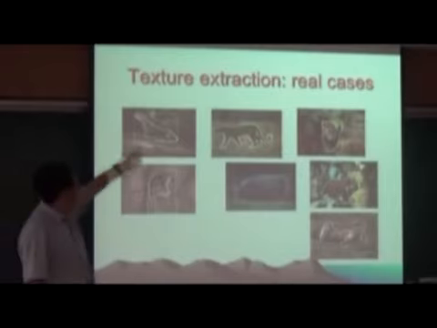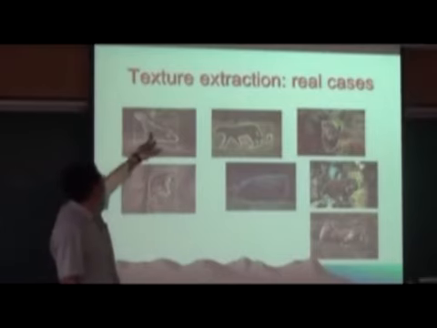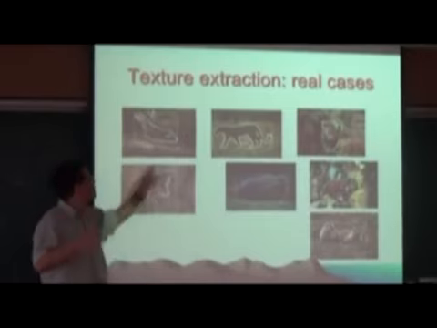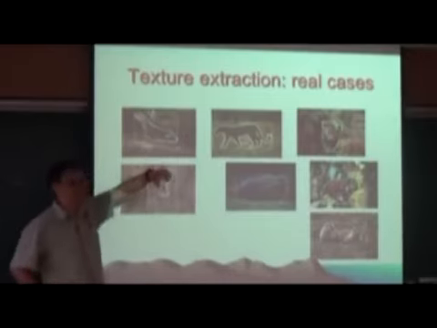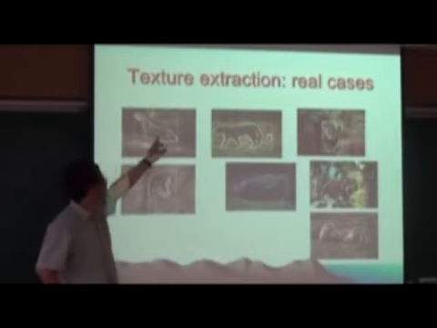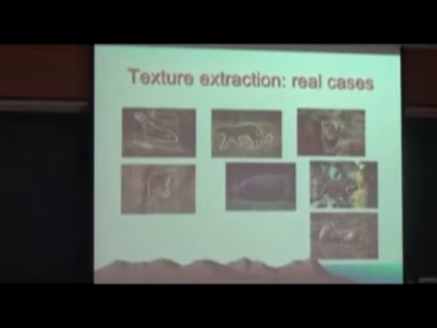Those are the real images. You construct the graph, where everything is connected to the source, and everything else is connected to the sink, and you get exactly this region. This is especially for texture segmentation.